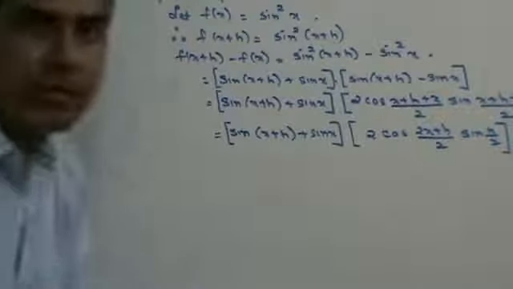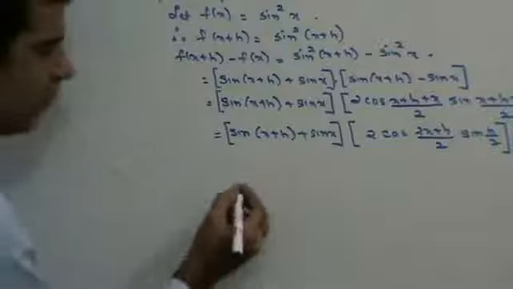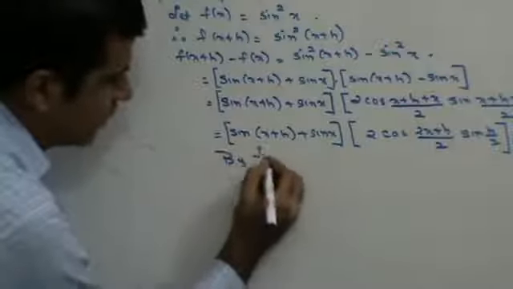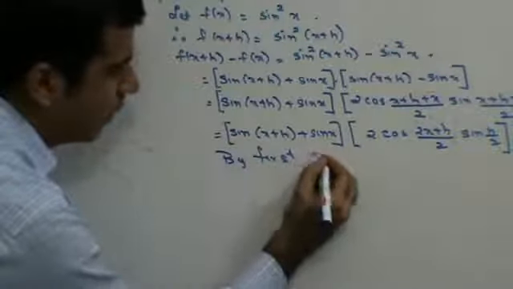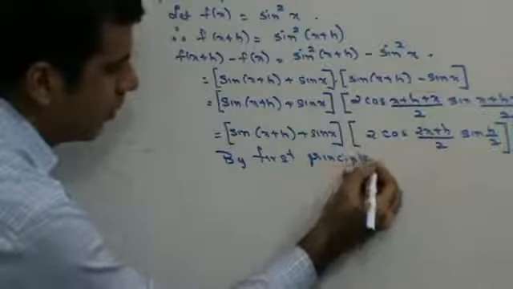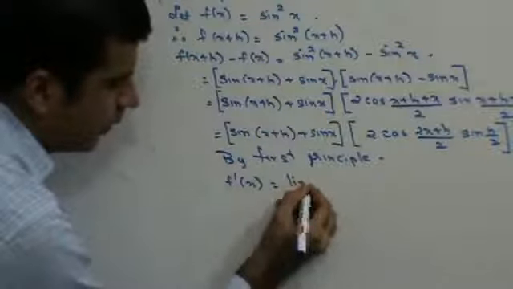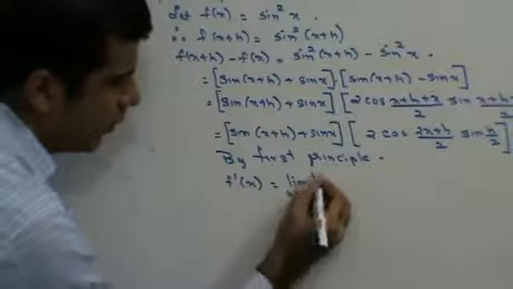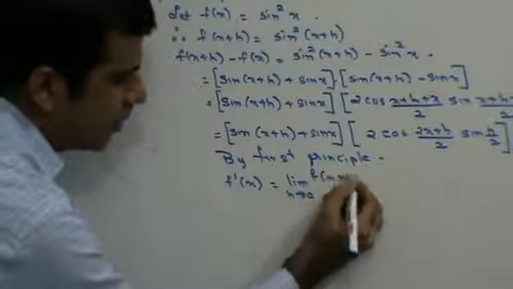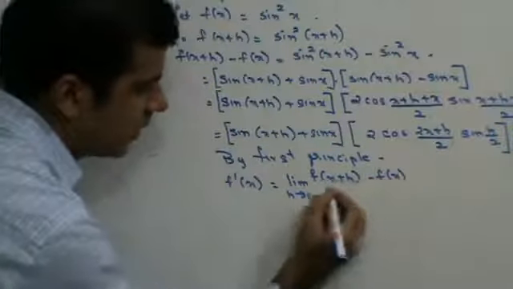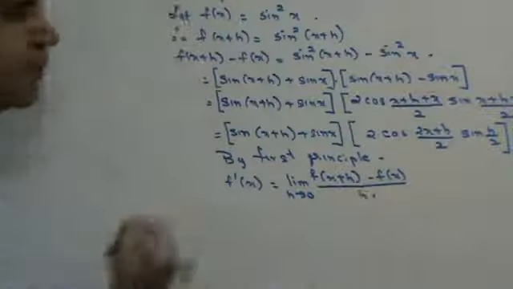Once you get this, then you can apply first principle. If I apply first principle, I can say f bar of x is limit of h tends to 0, f of x plus h minus f of x upon h.